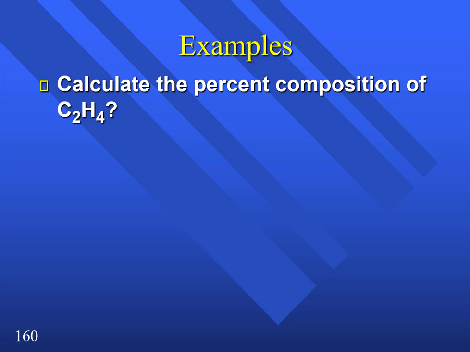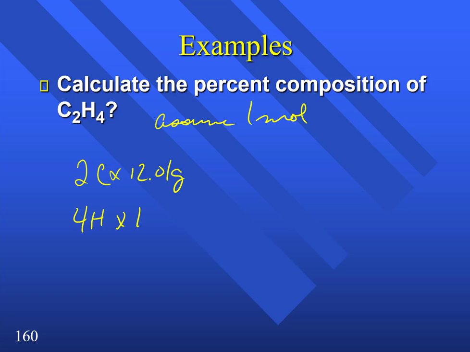So we start off just by calculating how heavy 1 mole is. So that's going to be 2 carbons and 4 hydrogens. The carbon weighs 12.01 grams on the periodic table. The hydrogen weighs 1.01 grams. So that means I have 24.02 grams of carbon and 4.04 grams of hydrogen.